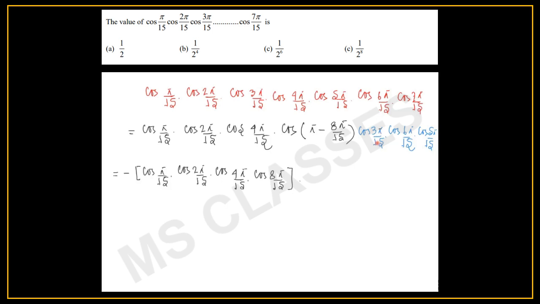Now cos 36 has the value root 5 plus 1 by 4, whereas cos 6 pi by 15 has the value root 5 minus 1 by 4.